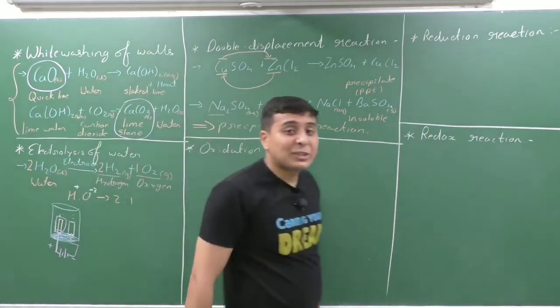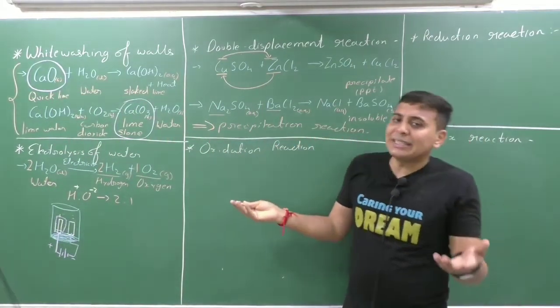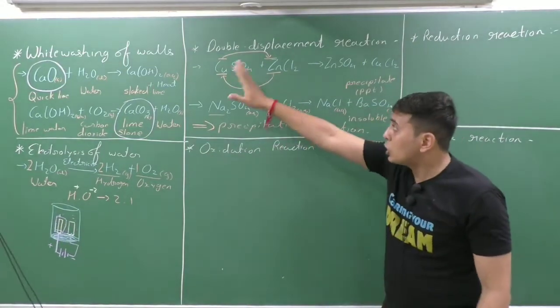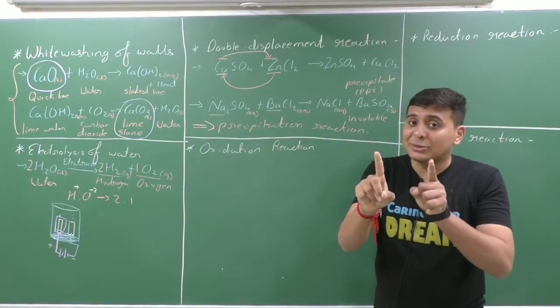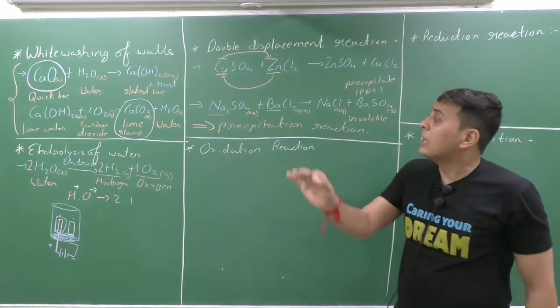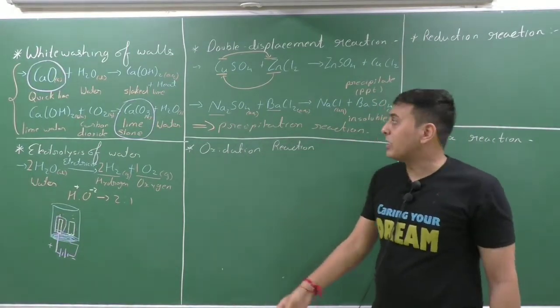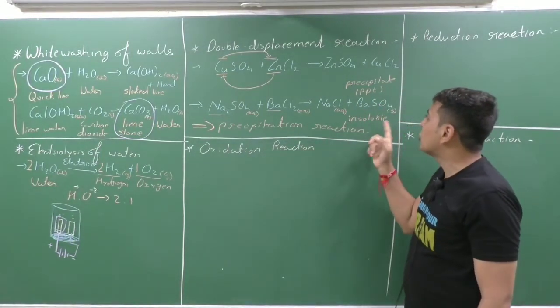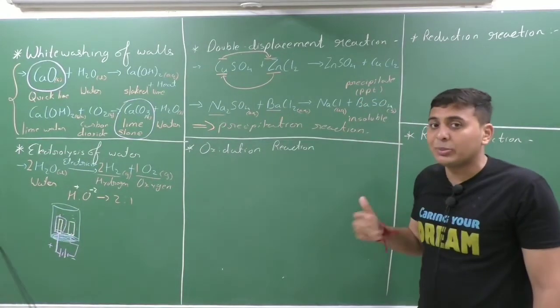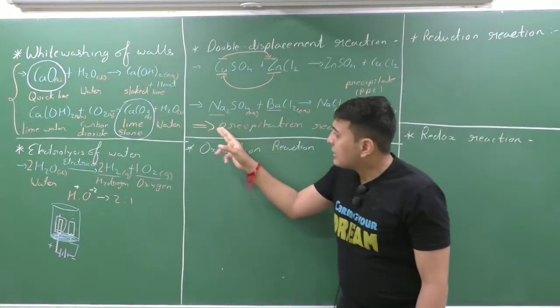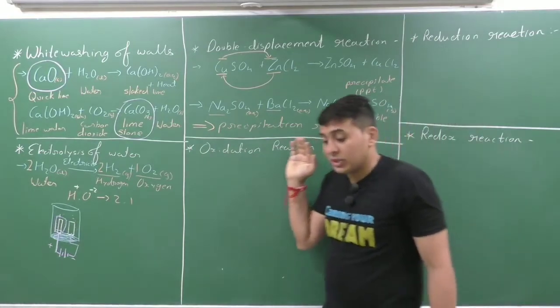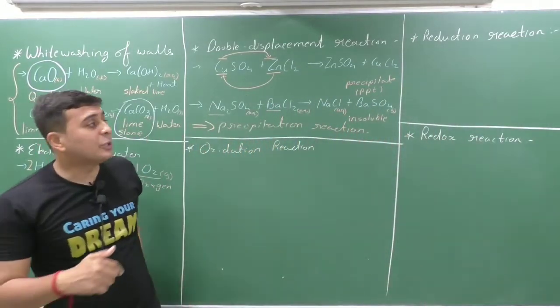Why? Because not in all double displacement reactions, there are always exceptions, but in most double displacement reactions, one of the products formed is insoluble. It means it is a precipitate. Precipitates are formed, and thus the reaction is known as precipitation reaction.